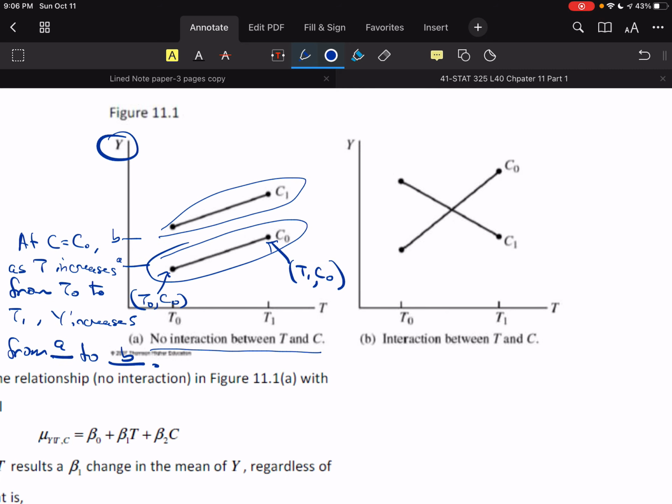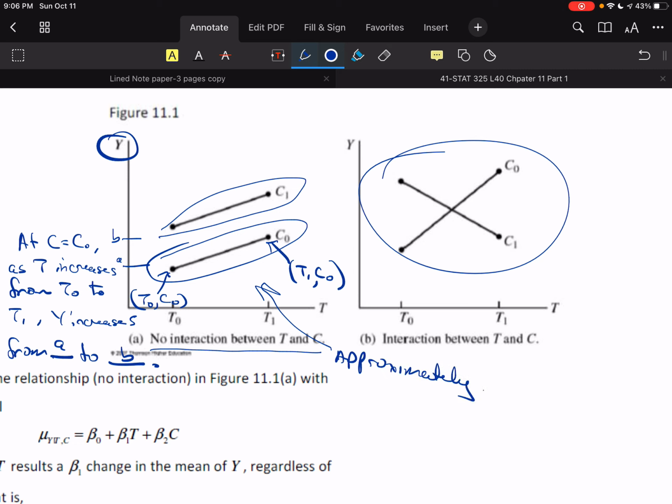But when we look at this other graph, we notice that the lines cross. Now, the important thing here is not just that the lines don't cross or that they're parallel, but that they're approximately parallel, and they're definitely going in the same direction. We do not have to have the lines cross in order to have interaction.